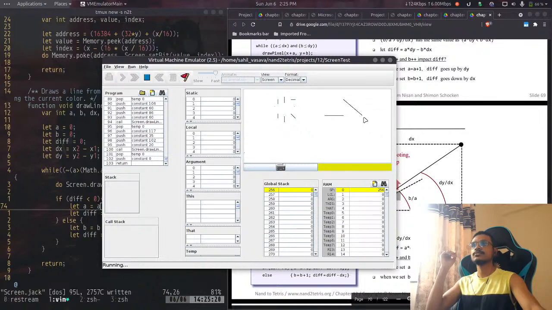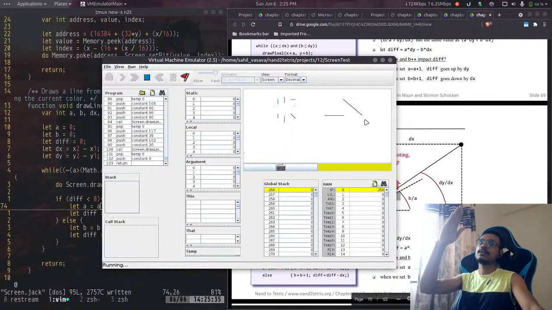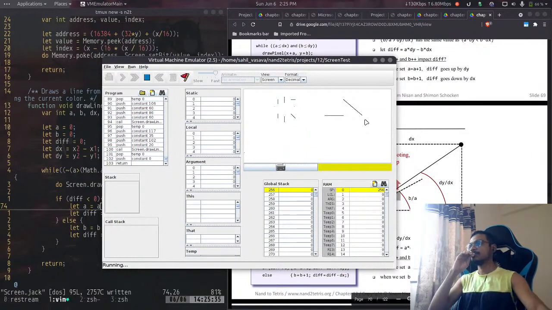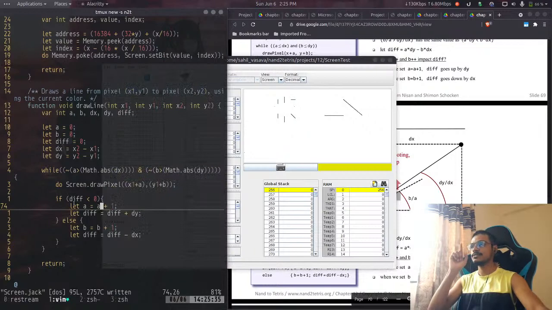But if we want a line like this where x increases but y decreases, it won't work unless this a in itself is negative, right?